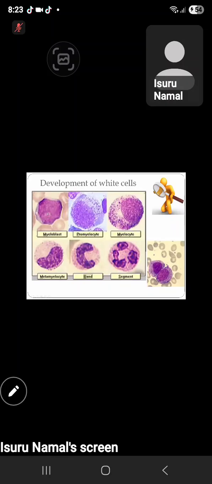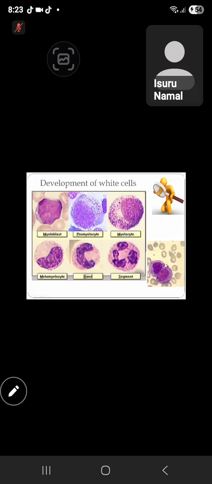However, you can see this area, that is the nucleolus. These are the features of a myeloblast: high NC ratio, large cell, loosely arranged chromatin, nucleoli present, but no granules in the cytoplasm, and scanty cytoplasm. Scanty means a very small amount of cytoplasm in the cell.